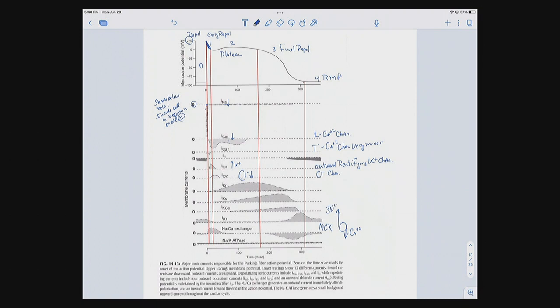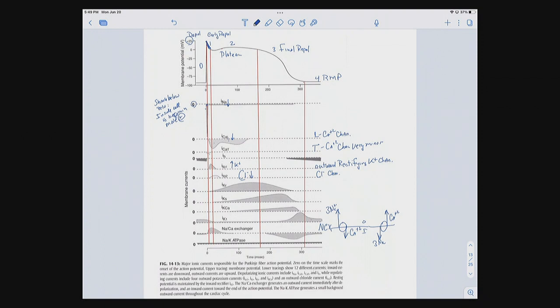So when that happens, if this is out and this is in, the net movement of charge is out. Of course, I could have it go the other way. In that case, I'm having my calcium leaving, and then I'm having 3 sodiums coming in. In that case, my net movement of charge is 1 plus 1 moving in. So this exchanger can go in either direction.